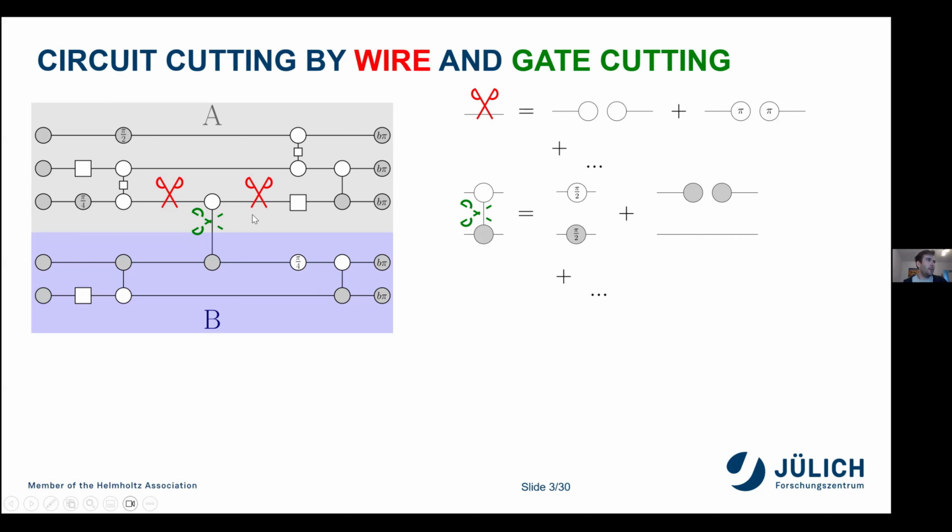And you see that if you cut this gate, this will allow you to split this circuit into two circuits. When you use these techniques, you always have to pay a price. You need to run the circuit more often to estimate this expectation value at the end here than you would need to run the circuit if you would not cut it.